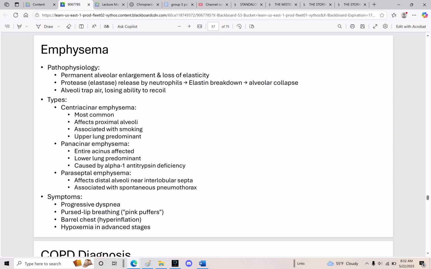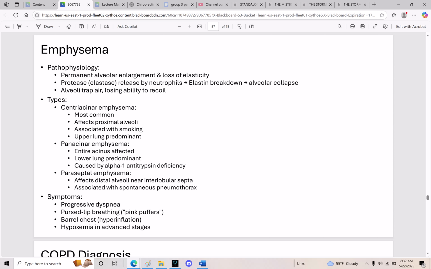When you have them one at a time, you have more surface area. When the septa between them is destroyed, look at this, you end up having something like this. This is opening here, and this opening here. All of a sudden, you have this huge alveolus, and you lose a tremendous amount of surface area.